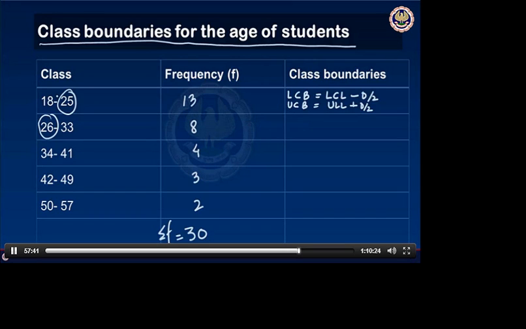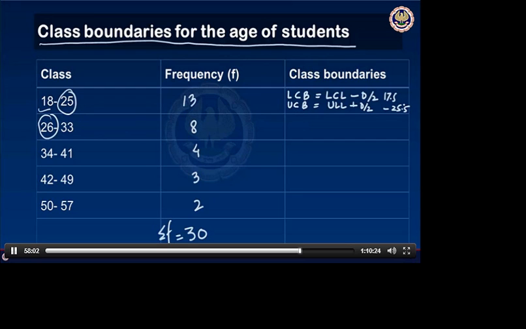So we are going to take the lower class limit, which is 18, minus D, which is 26 minus 25, divided by 2. So we get 17.5. And the upper class boundary, if we calculate using this formula, will come to 25.5.